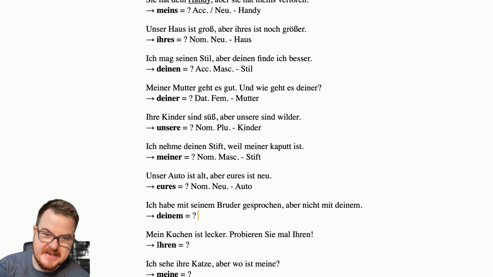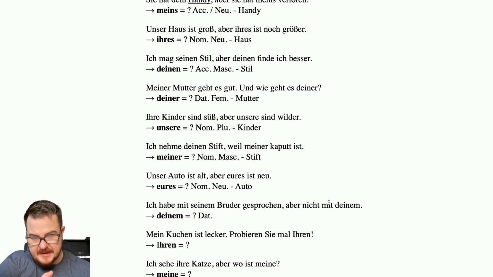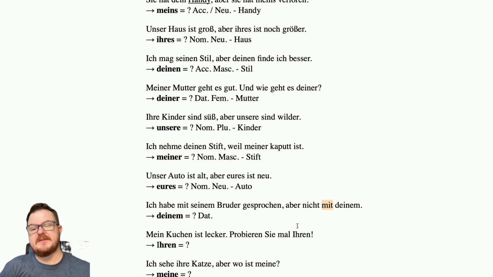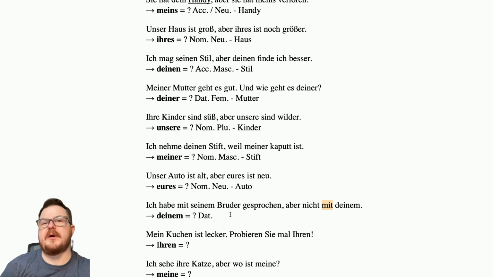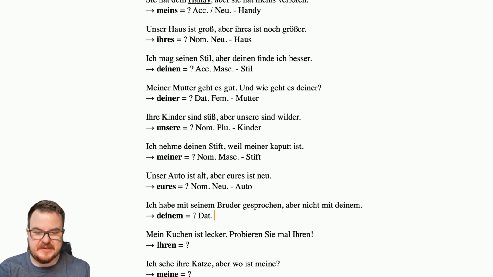Deinem is dative because of the word mit. Mit is one of the dative prepositions. Aus außer bei mit, nach Zeit, von zu, gegenüber are dative pronouns. And the word that it's replacing is masculine. And that word is Bruder.